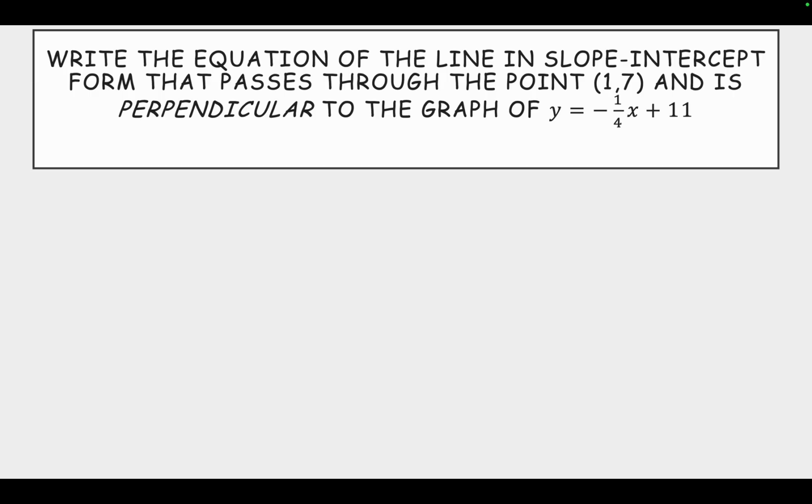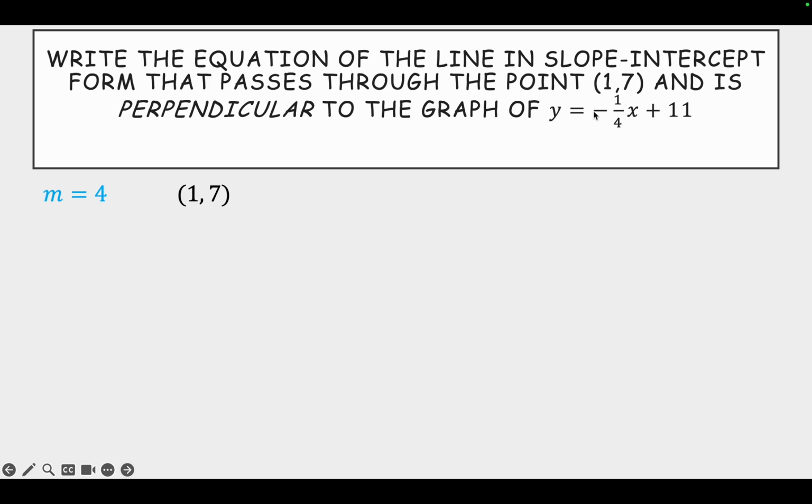Write the equation of the line in slope-intercept form that passes through the point (1, 7) and is perpendicular to the graph of y equals negative 1 over 4x plus 11. We need to look at the perpendicular slope. Negative 1 over 4, what would be the perpendicular slope?